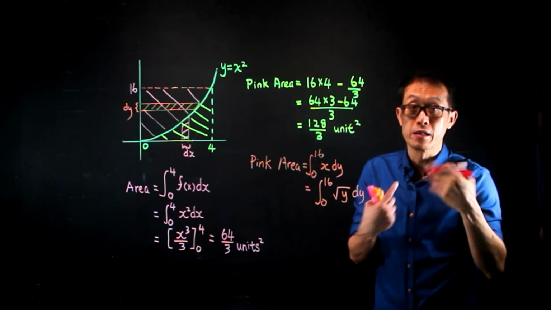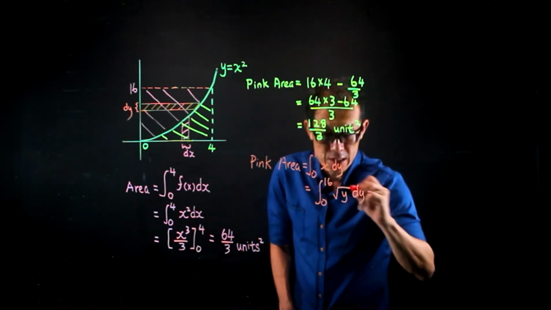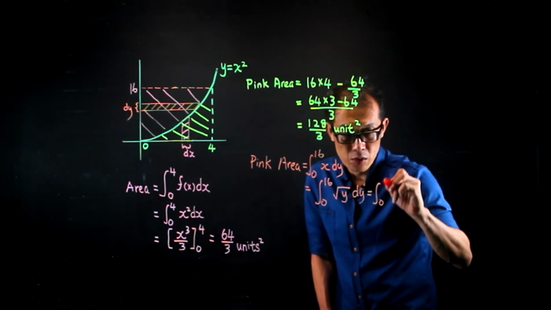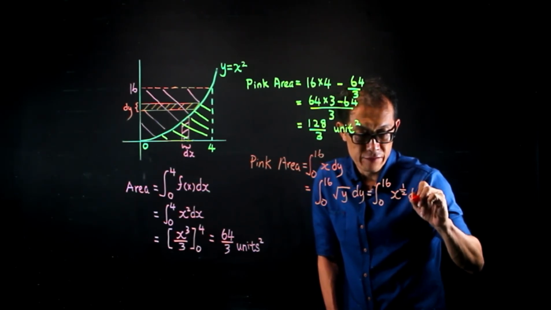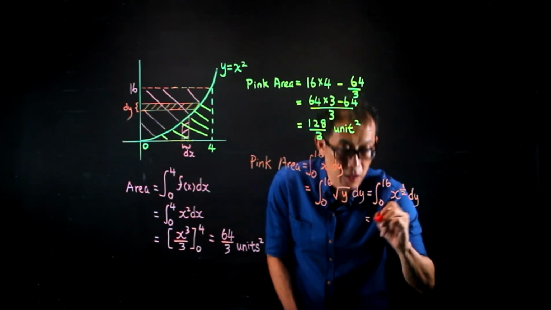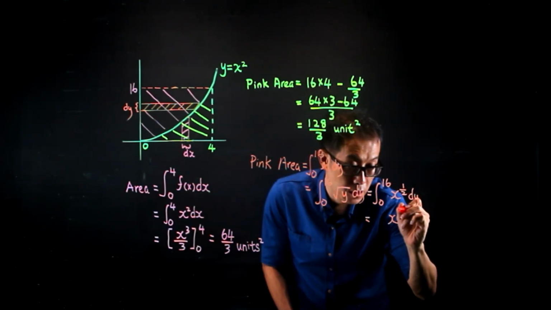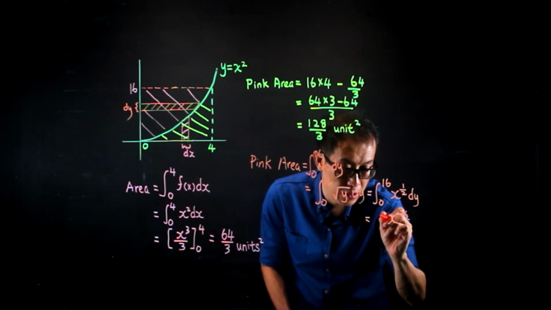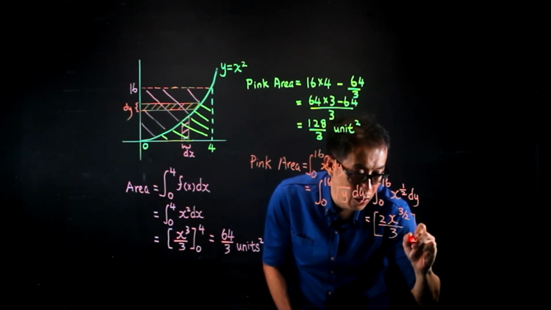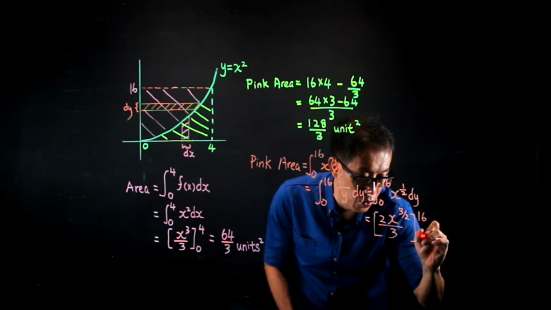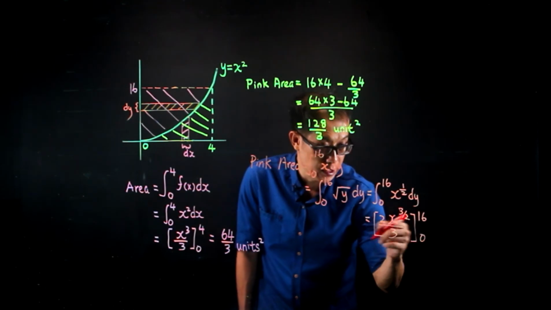So this is the integral from 0 to 16 of y to the power of half dy. So this will be y to the 3 over 2, times 2 over 3, from 0 to 16.